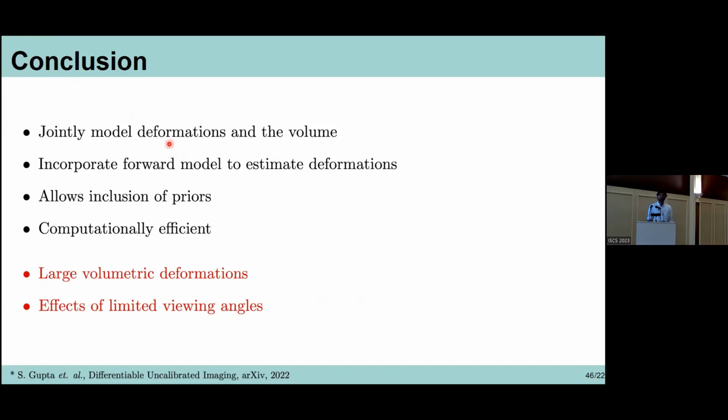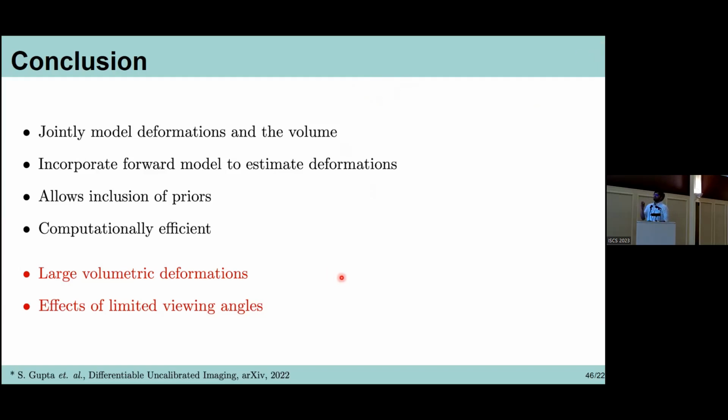Next question. Thank you. Would it be interesting to incorporate other constraints coming from the Fourier domain of the volume, playing with the Fourier slice theorem, as done for instance in a previous work of Amit Singer on Cryo-EM reconstruction with unknown orientations? You mean the common lines between the different angles, right?